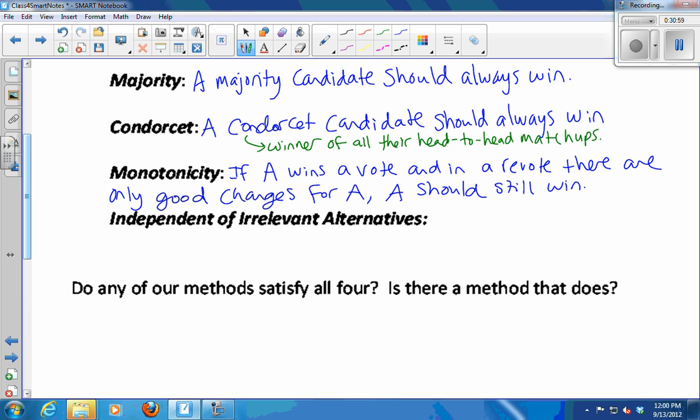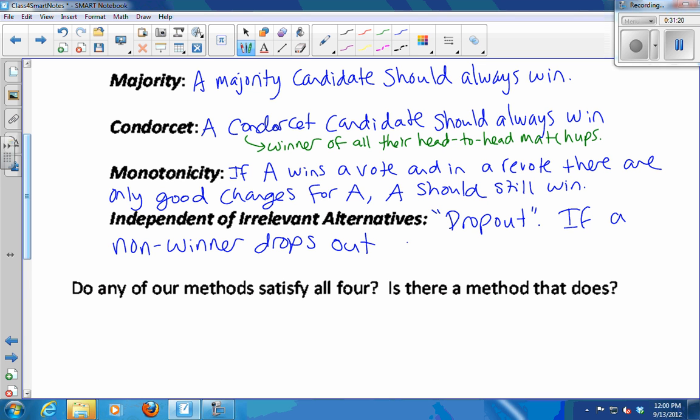And then independent of irrelevant alternatives, this is the dropout. If a non-winner drops out after the election, or is disqualified for whatever reason, the winner should not change.